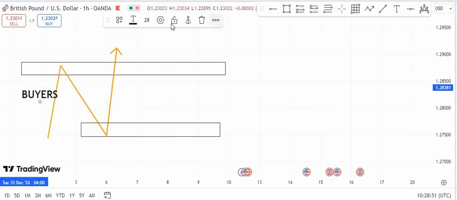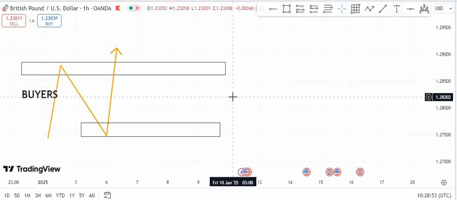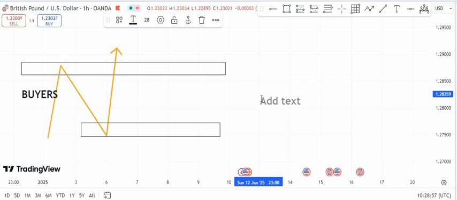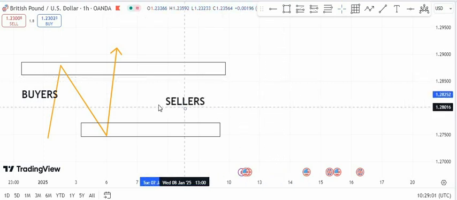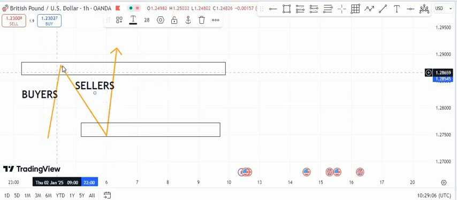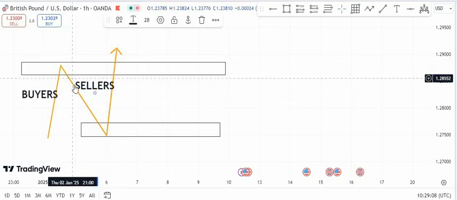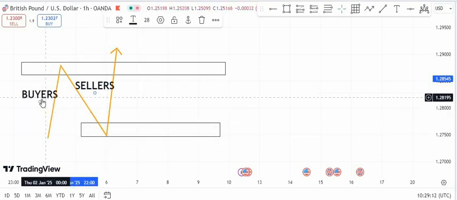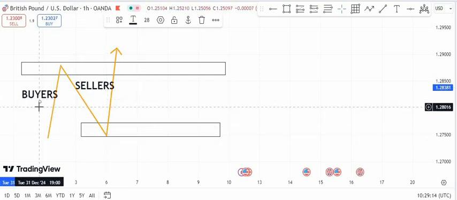Then sellers immediately enter the game. That means buyers start selling what they were holding when it gets to this zone. So when it gets to this zone, what then happens? They start buying back.